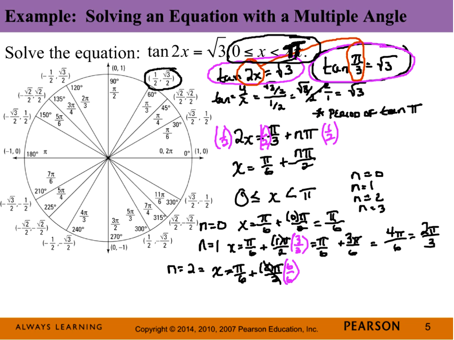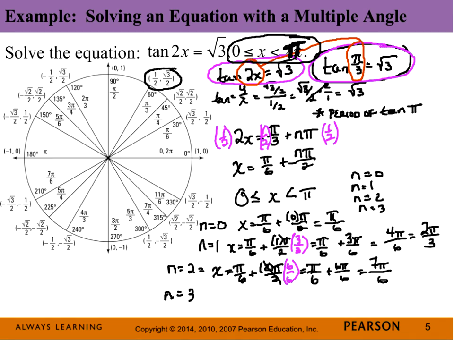And that gives me pi over 6 plus 6 pi over 6, which is 7 pi over 6.